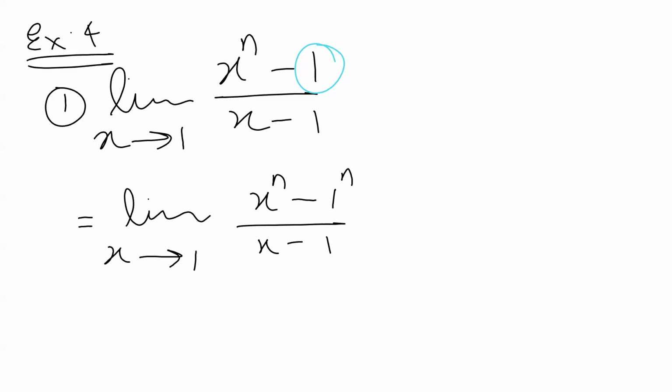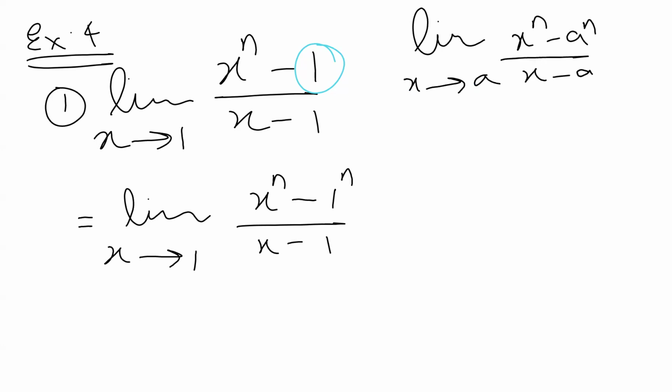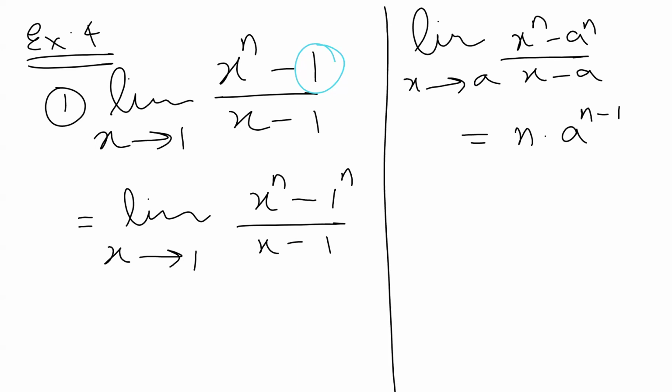Now you compare with the formula. Limit x approaching a, x raised to n minus a raised to n upon x minus a is n into a raised to n minus 1. Clear?